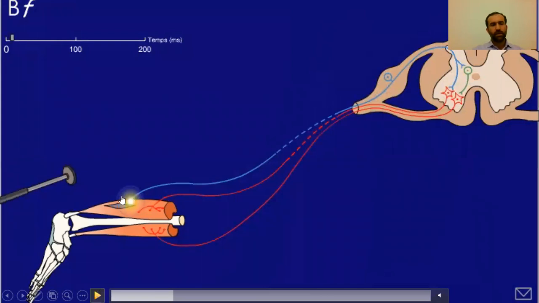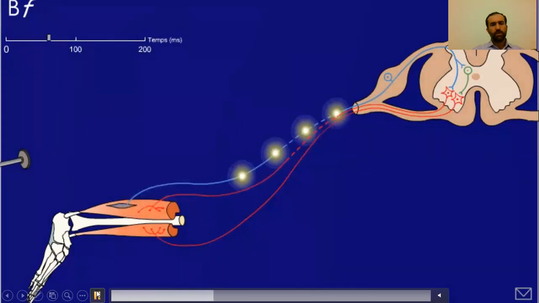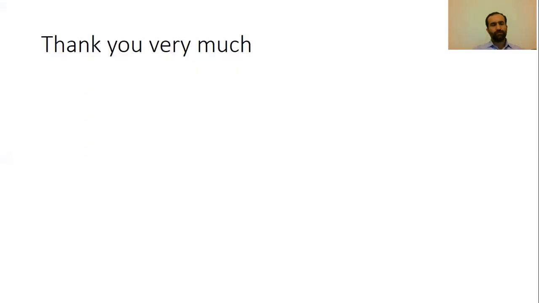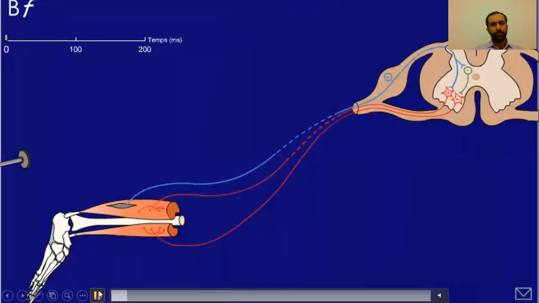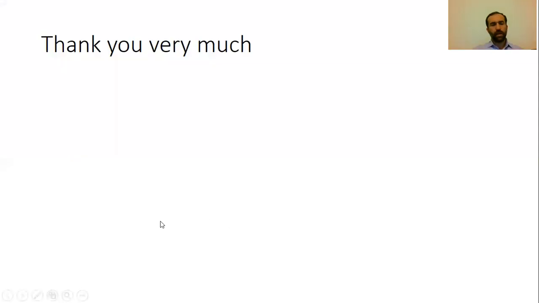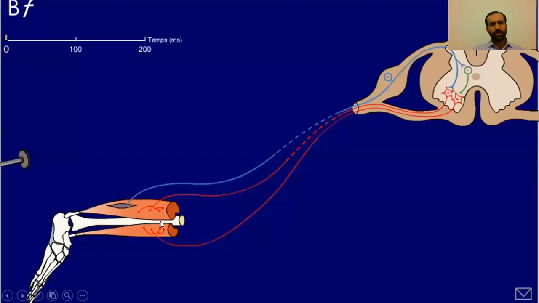This is the sensory message that is created in the sensory receptor and transmitted by the sensory neuron, the sensory fiber. This is how we observe it passing through the dorsal root by the sensory neuron.